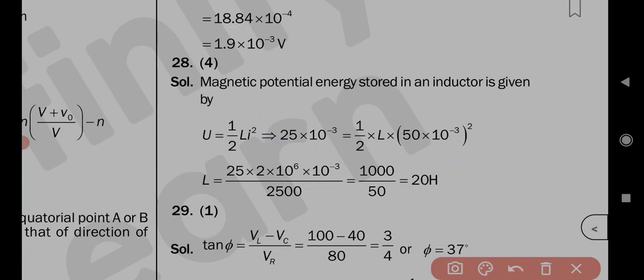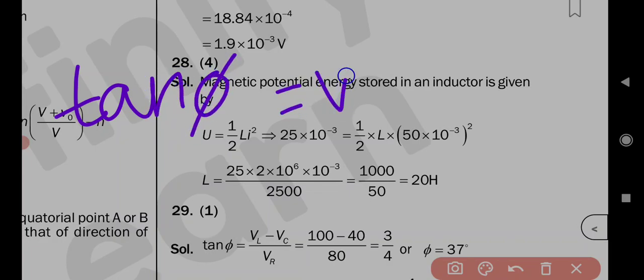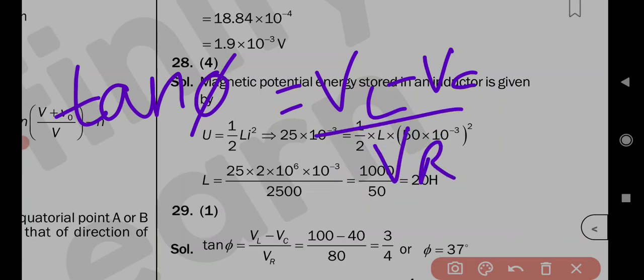The potential differences across the resistance, capacitance and inductance are 80 volt, 40 volt and 100 volt respectively in an LCR circuit. The power factor of the circuit is? So you need to know the power factor. So guys, in such a case you have to take tan phi is VL minus VC by VR. VL is given, that is 100.